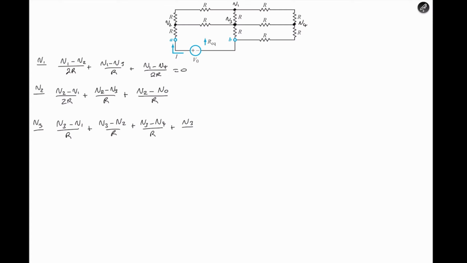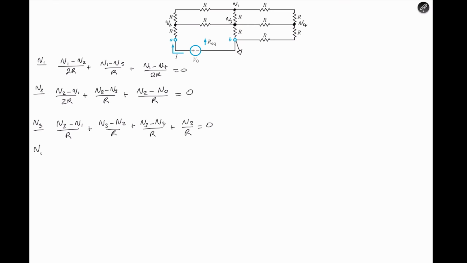As always, we should always have a ground, so let's just call this our ground. It doesn't matter where we put it, as long as it's not between two terminals. So that's all over R, and that's equal to 0. Forgot a 0 up here, so let's place the 0.